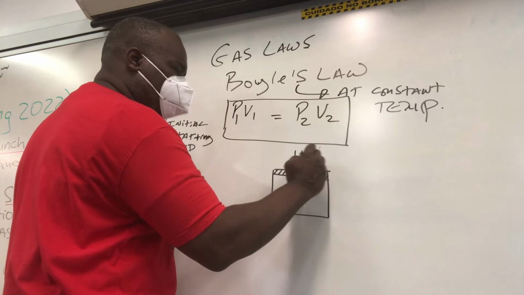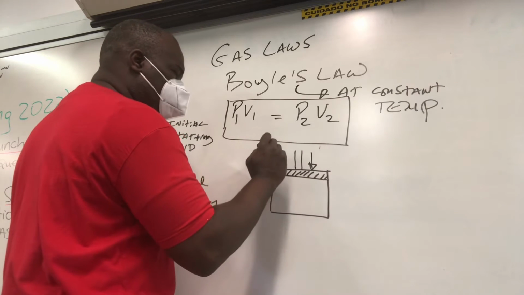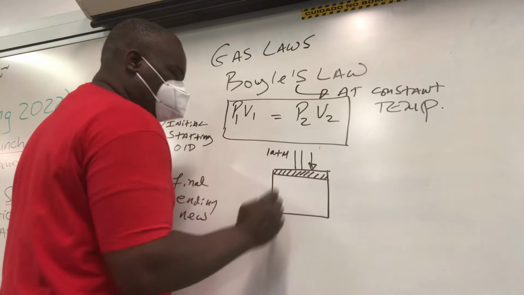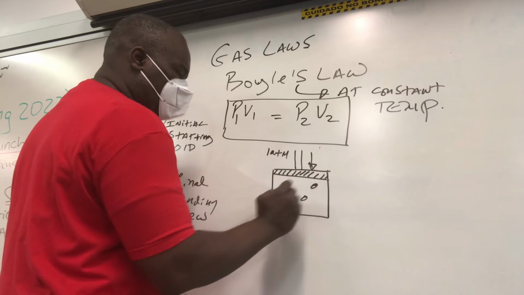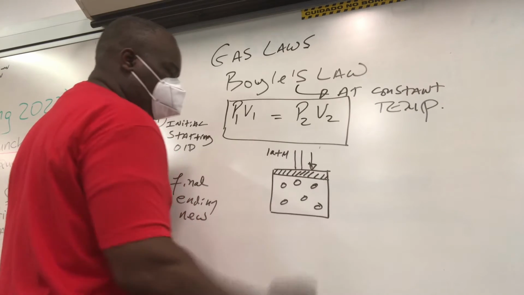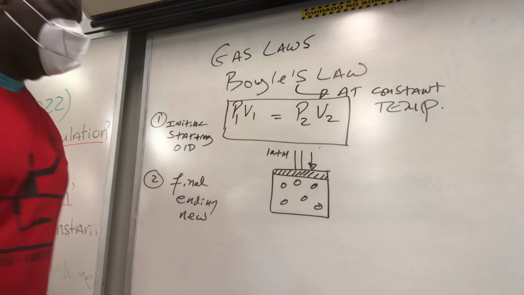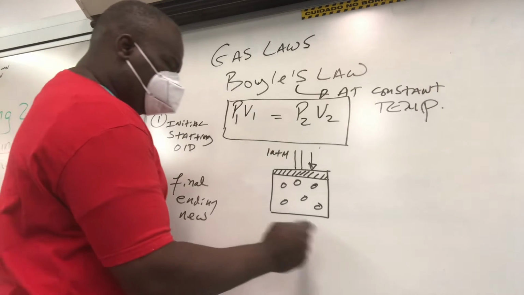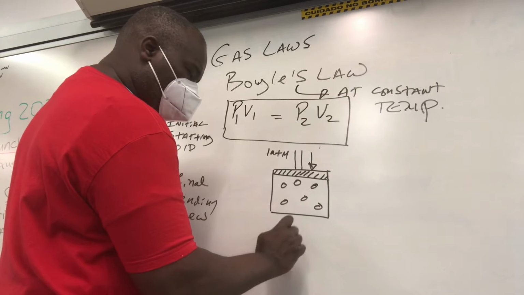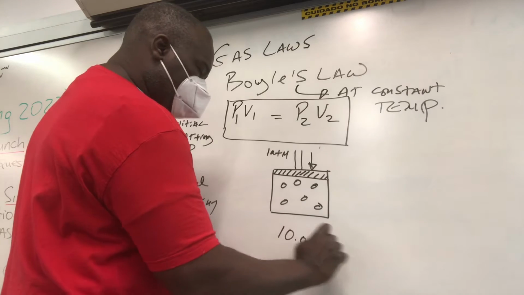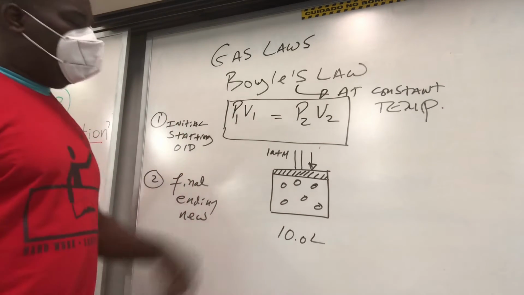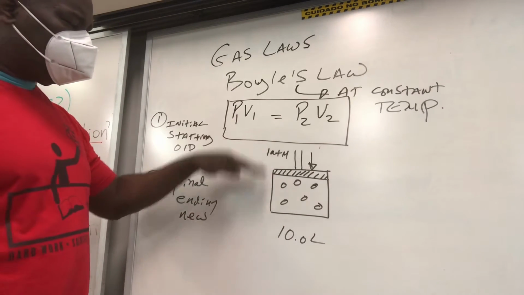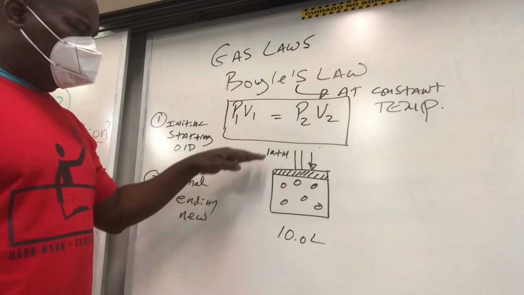We're going to apply normal atmospheric pressure, which is 1 atmosphere. Okay, let's put a couple of molecules in there. There's 6 of those guys, no problem. And let's say this is at a volume of 10 liters, and at a pressure of 1 atmosphere.